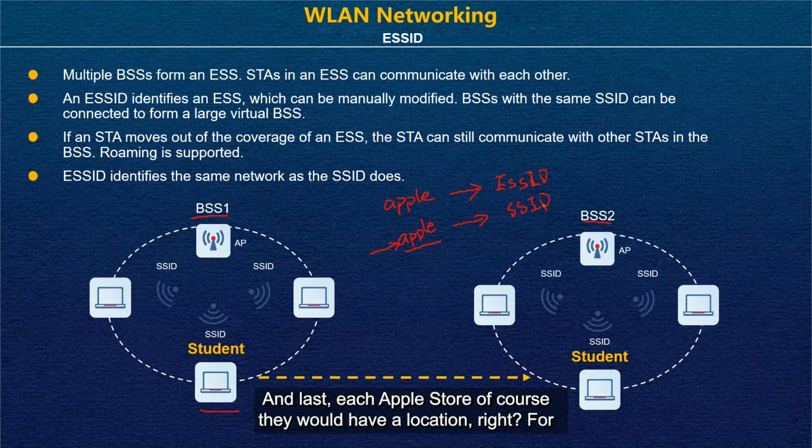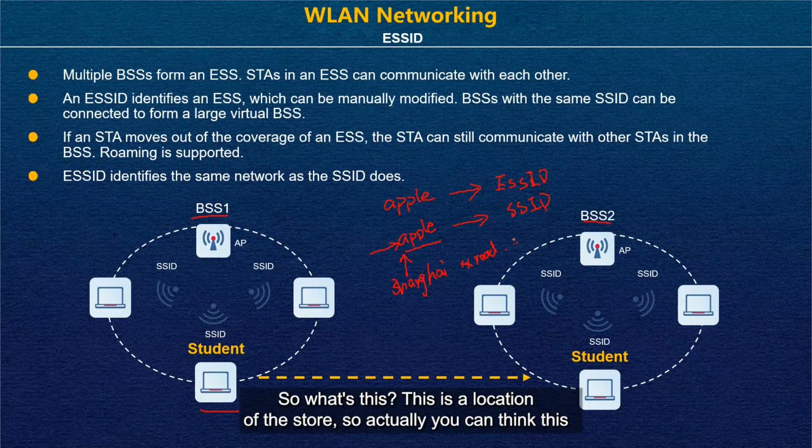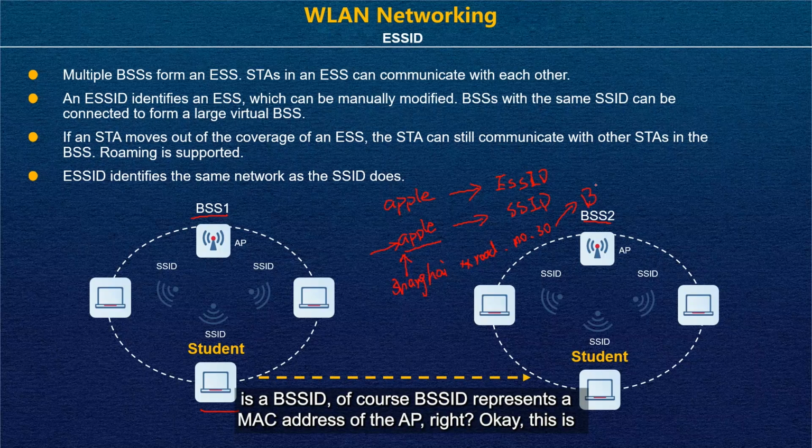And last, each Apple store of course has a location, for example, in Shanghai, on a specific road, number 30. This is the location of the store, so you can think of this as the BSSID.